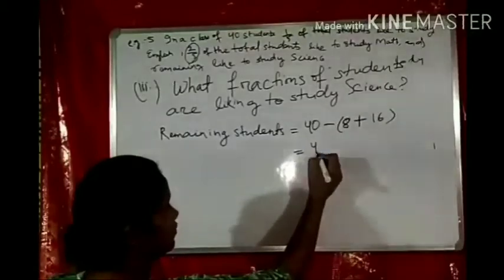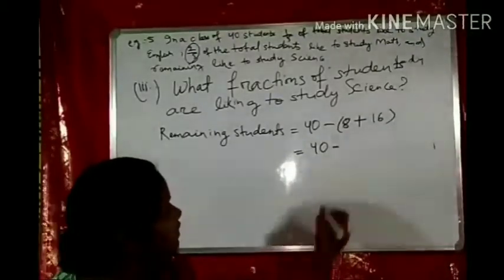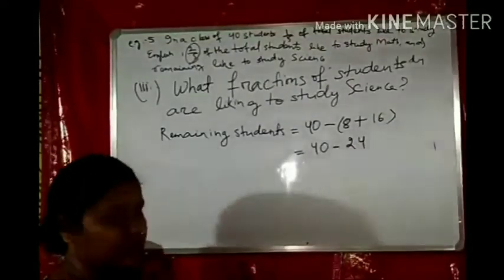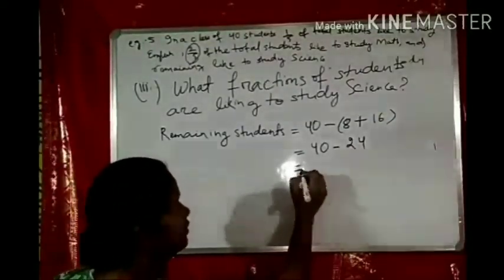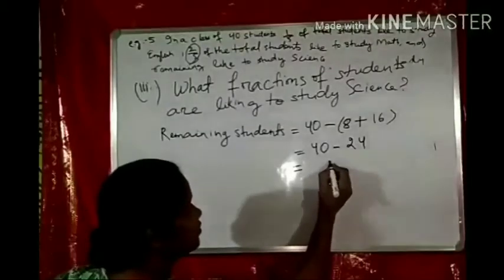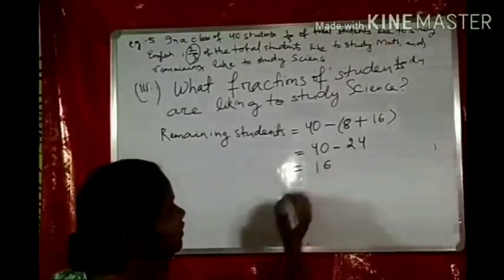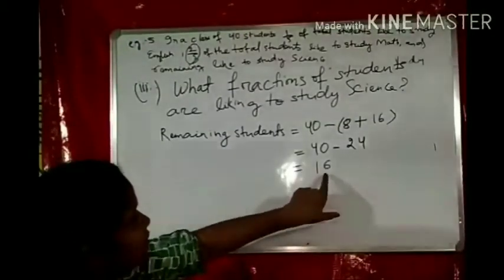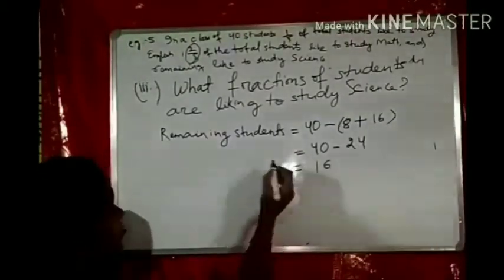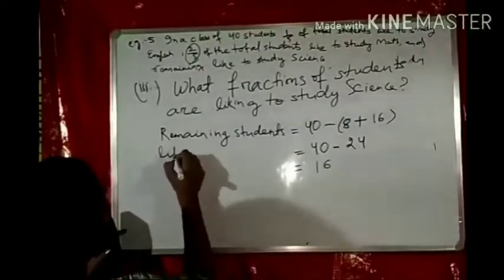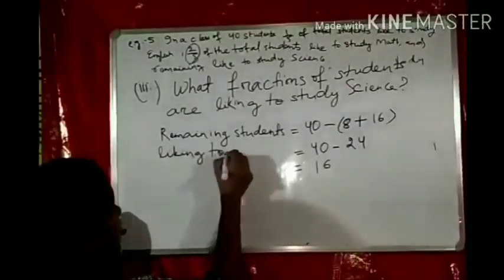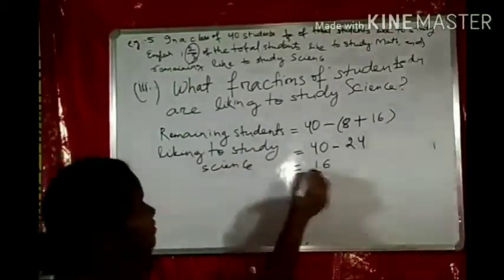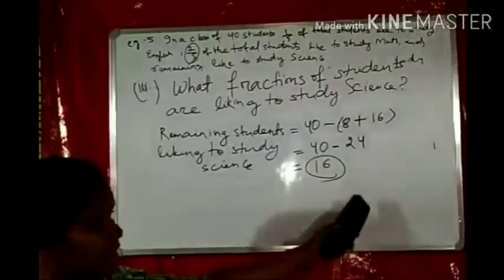So what is that? 40 minus 8 plus 16 equals 24. So 40 minus 24 equals 16. So these remaining students are liking to study science. So these 16 students are liking science.